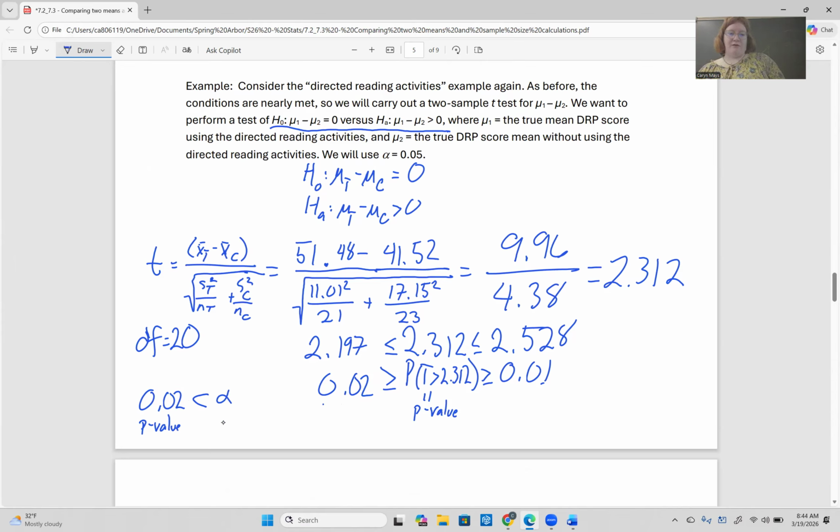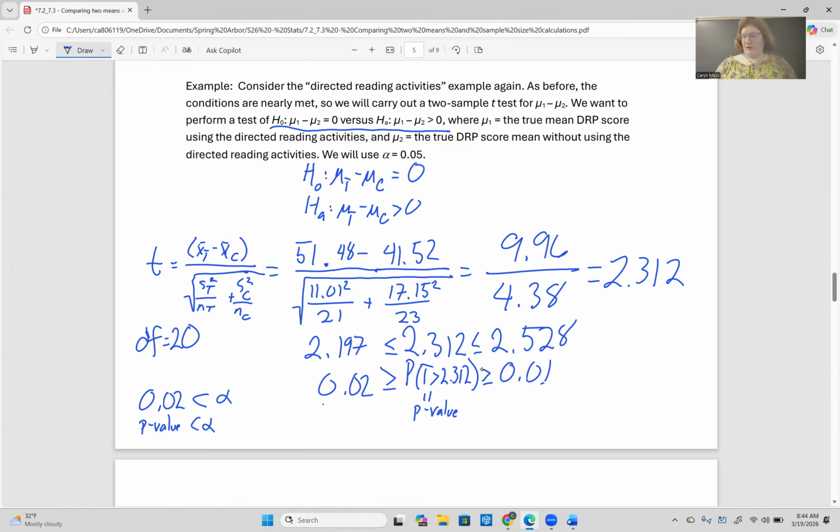P-value smaller than alpha tells us what about our null hypothesis? Reject it. We reject the null hypothesis. There is a difference. And in particular, that difference is that our treatment group is scoring better than our control group.